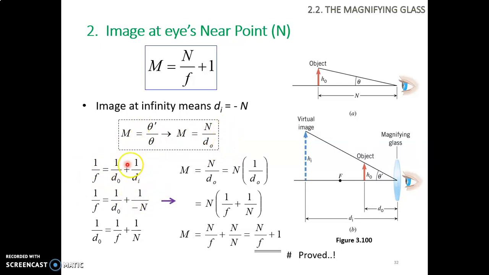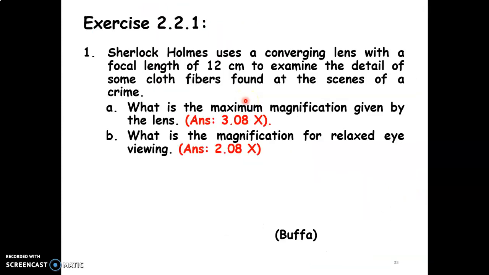Using the lens equation, rearrange all the information you know, substitute it into the equation of M, and lastly you will get M is equal to n over f plus n over n, which can be simplified into n over f plus 1. So it is proven that for an image at the near point, M is equal to n over f plus 1. Let us see exercise 2.21.